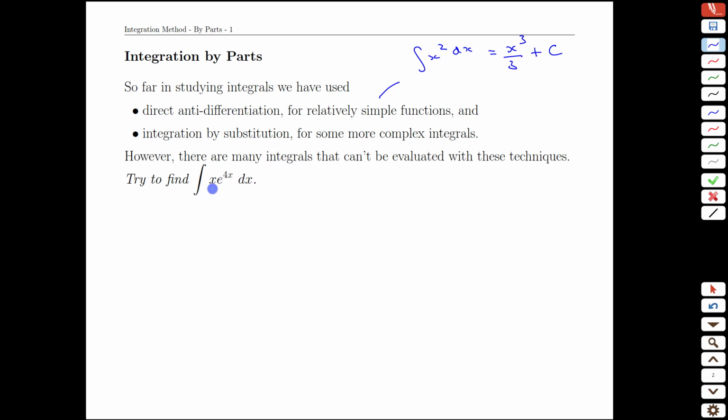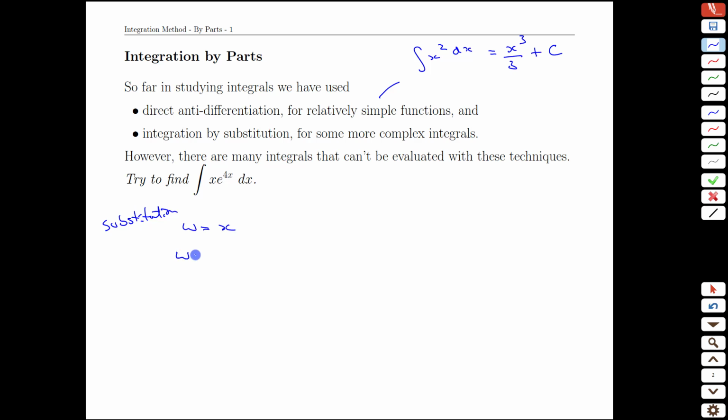For example, if we tried to integrate x times e to the 4x, if we tried a substitution, one of the options might be choosing w to be x. That pretty quickly leads to absolutely nothing happening at all, because all we would do is rename everything in the integral as a w instead of an x, which is not that helpful. So we would ignore doing that.